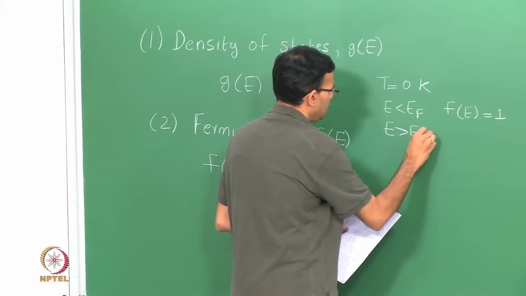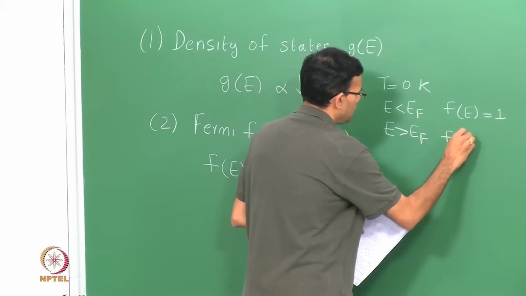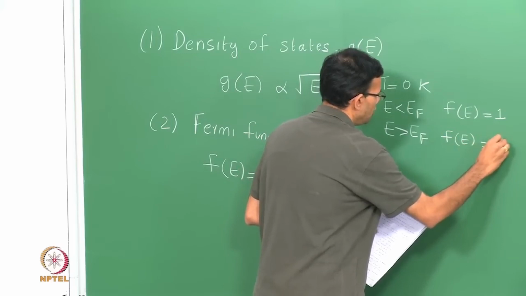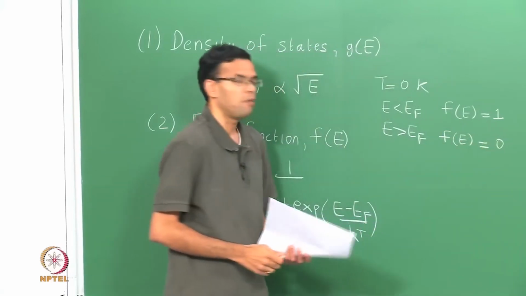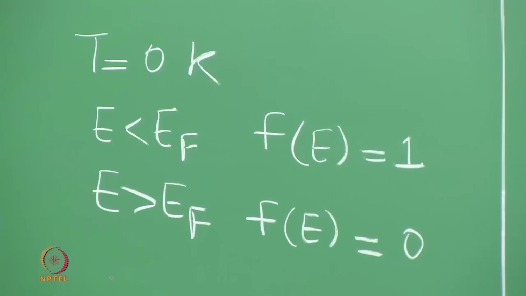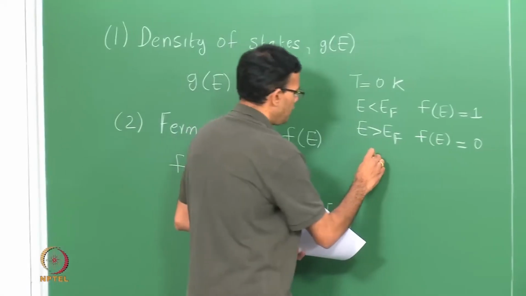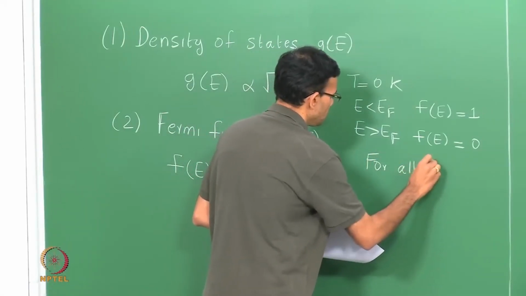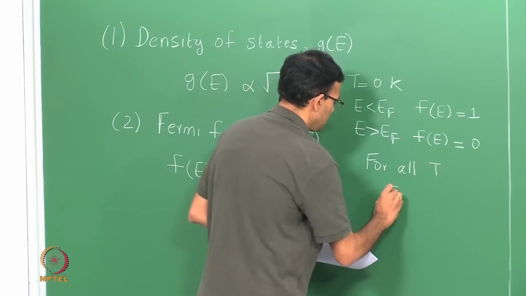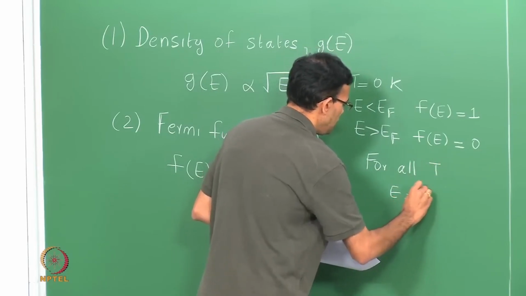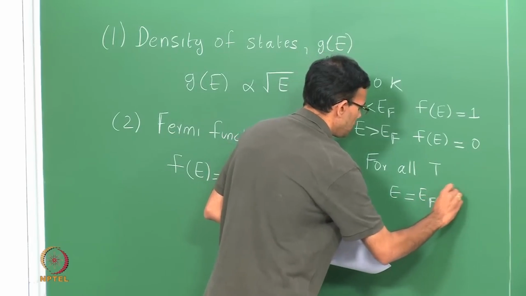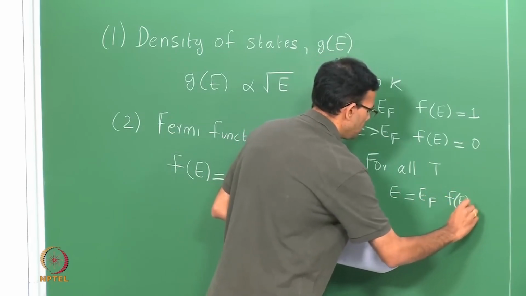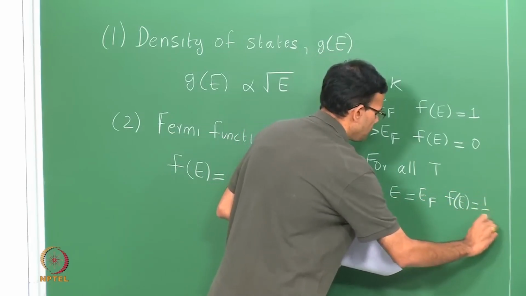At E greater than EF, f of E is 0, which means above the Fermi energy all the levels are unoccupied, and we saw that for all temperatures at energy E equal to EF, f of E is half.